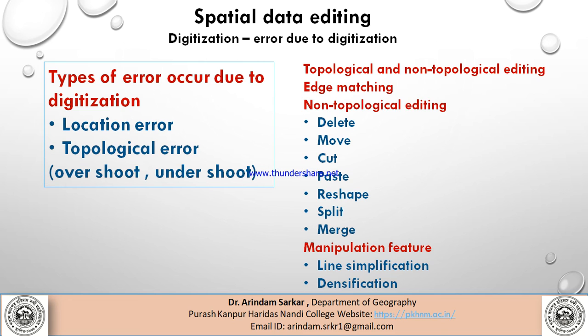Now, other map manipulation features are line simplification and densification, and smoothing. Line simplification refers to the process of simplifying and generalizing a line by removing some points. Line simplification is a common practice in map overlay.